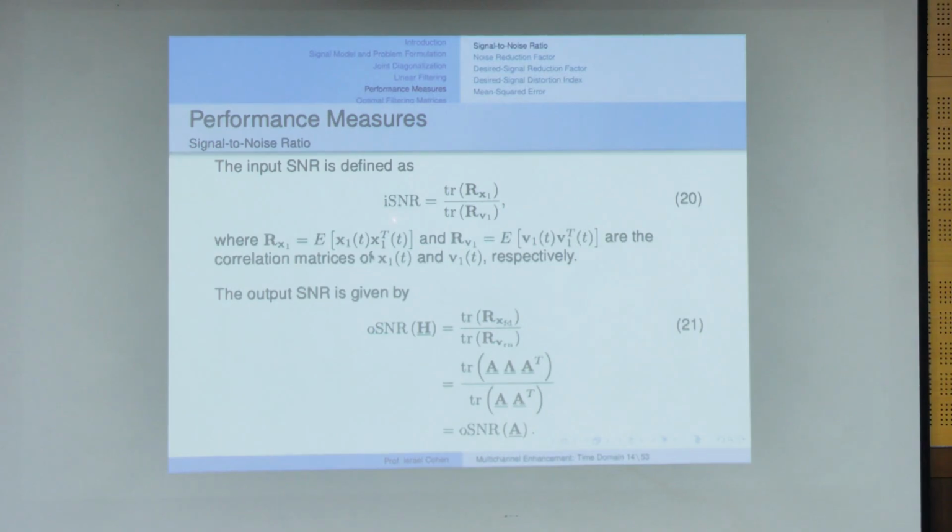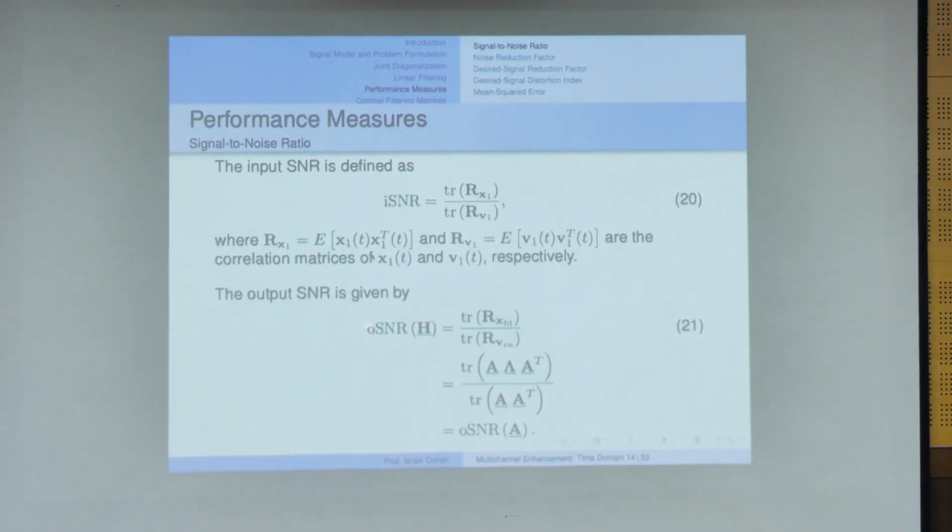And here we know Rx1 and Rv1. So if we want to find the filtering matrix A such that it will maximize the output SNR, what do we need to do?